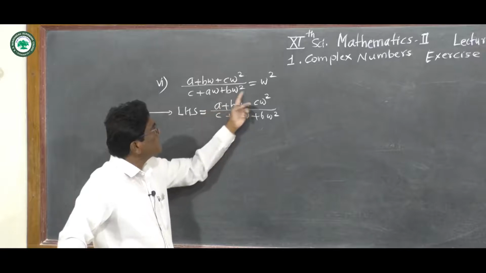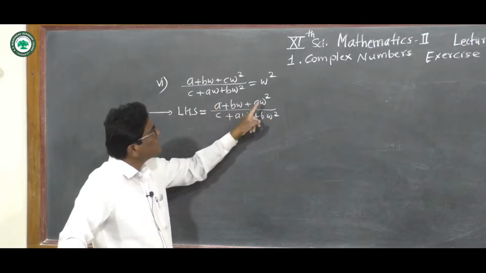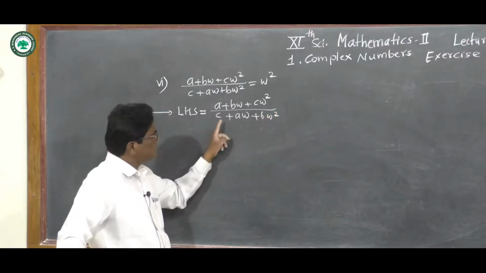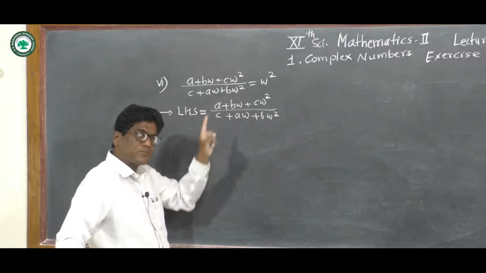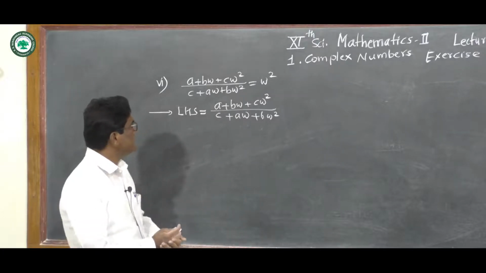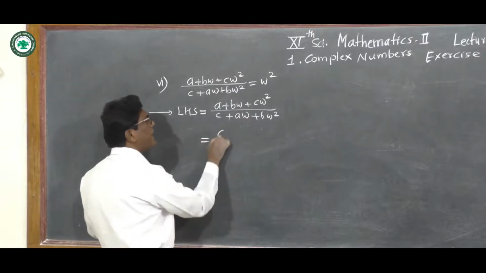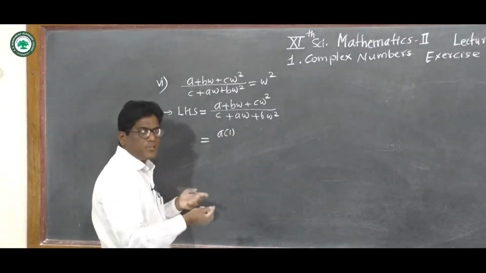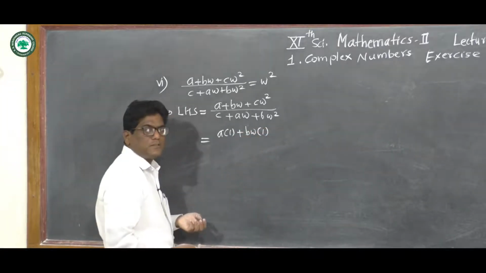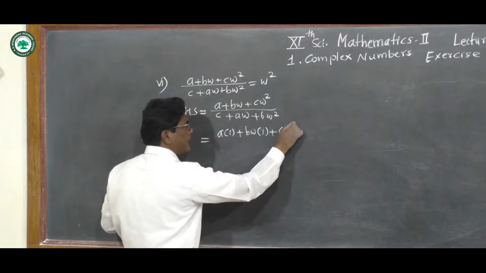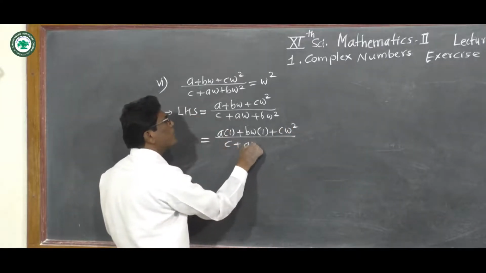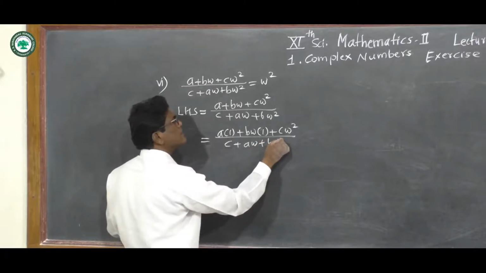So from this numerator we should take omega square common, so that the remaining terms in the denominator and numerator get cancelled. So we write this as A into 1, that is A, plus B omega into 1, plus C omega square as it is, divided by denominator as it is, C plus A omega plus B omega square.